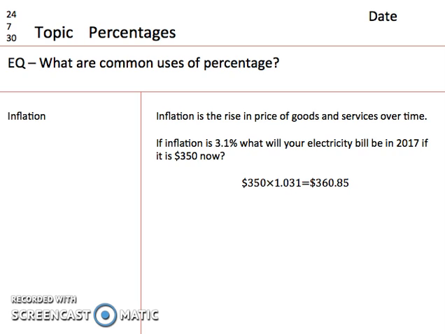First one we're going to look at is inflation. For any of you who follow the news, inflation is an amount where goods and services increase over a period of time. Generally it's over a 12-month period, and we quite often hear on the news that next year inflation is estimated to be a certain percentage.